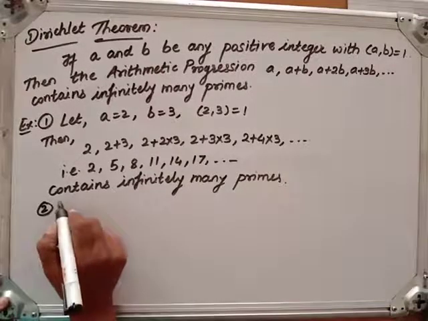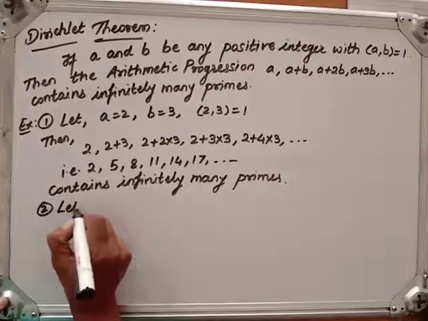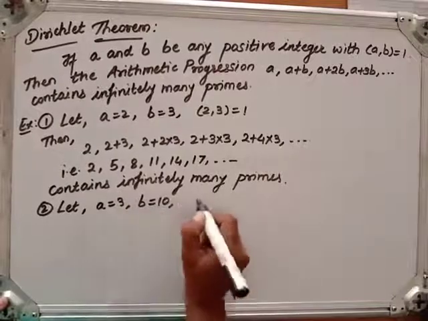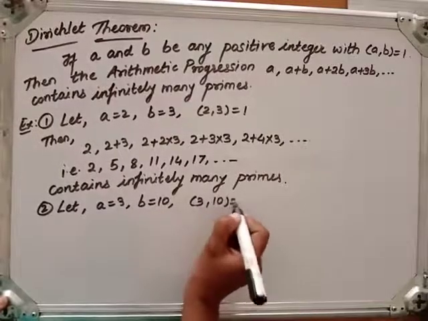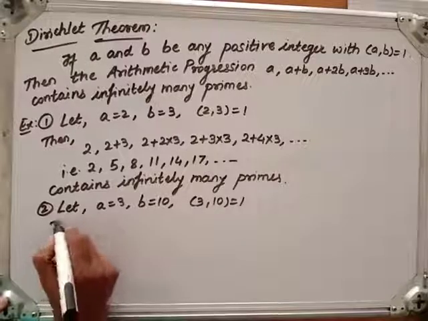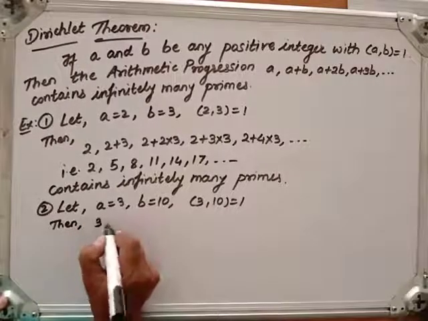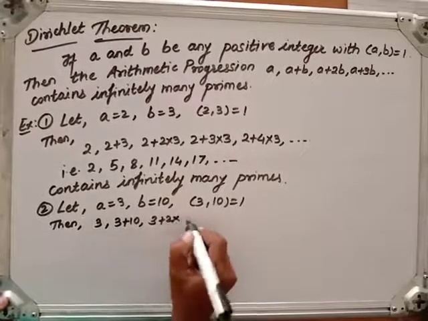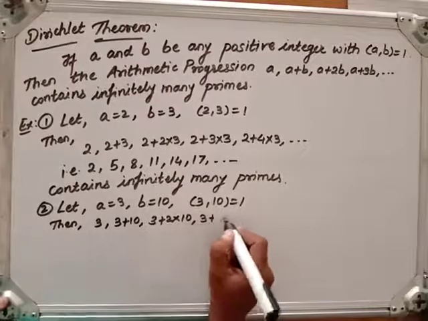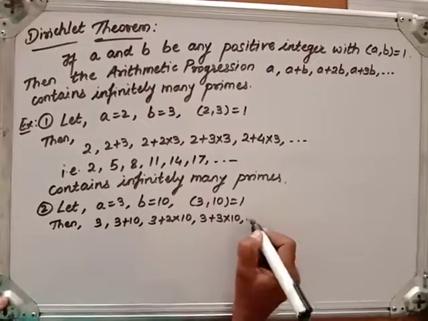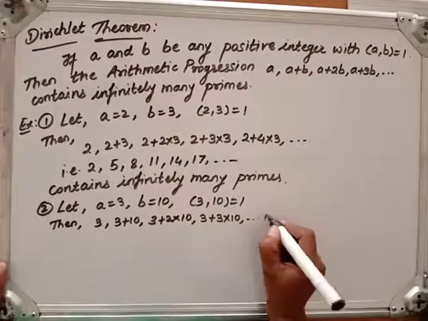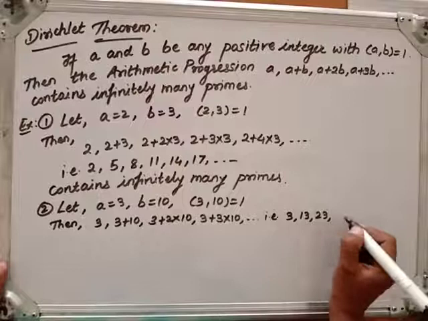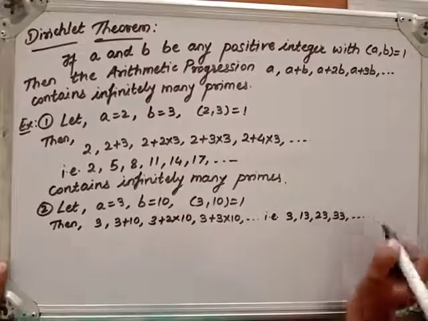Let's take one more example of the same. Let a be equal to 3, b equal to 10. 3 and 10 are relatively prime. So then 3 plus 10, 3 plus 2 into 10, 3 plus 3 into 10, and so on. That is 3, 13, 23, 33, and so on.